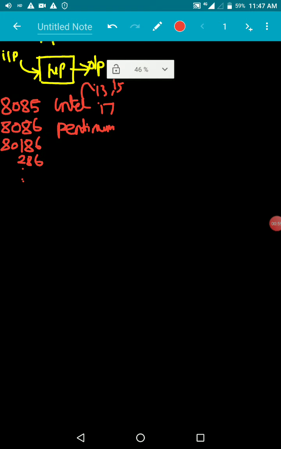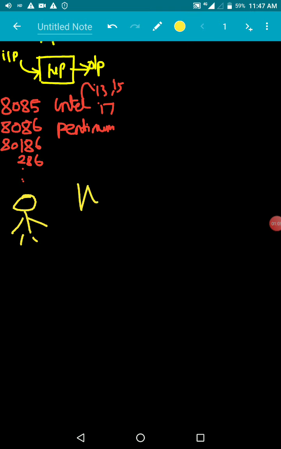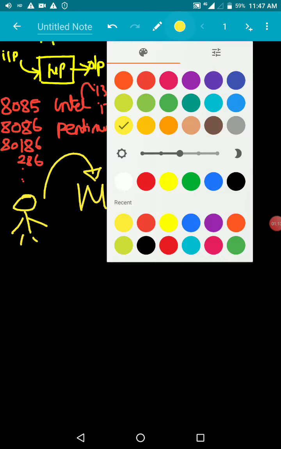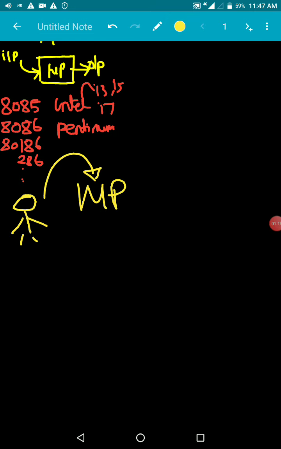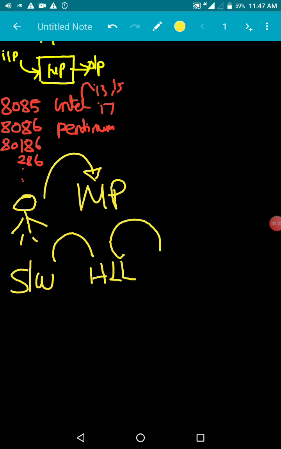The important question is why are we studying microprocessors as computer science students or software engineers. Assume that you are working as a software engineer, and the program is written in a high level language. Later this high level language is converted into low level language through a compiler and assembler.